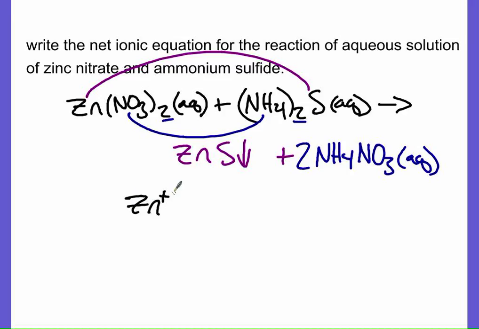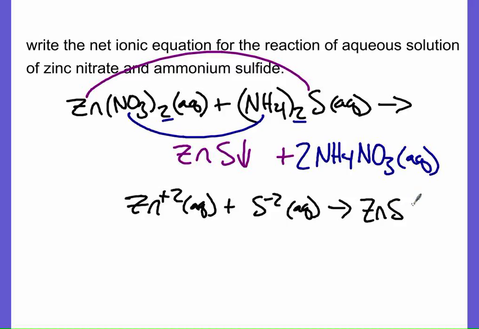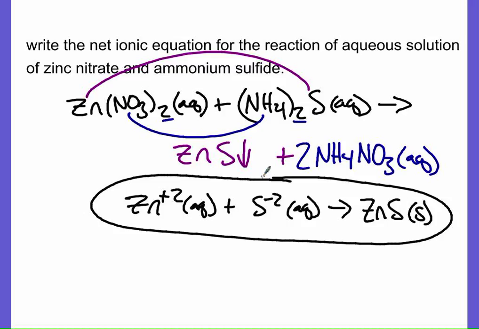I should have a zinc with a +2 charge that's aqueous, that's going to combine with a sulfide with a -2 charge to form my zinc sulfide product. That's a solid, right? That's my precipitate. So that is my net ionic equation. Is what I'm looking for at the end of the day.